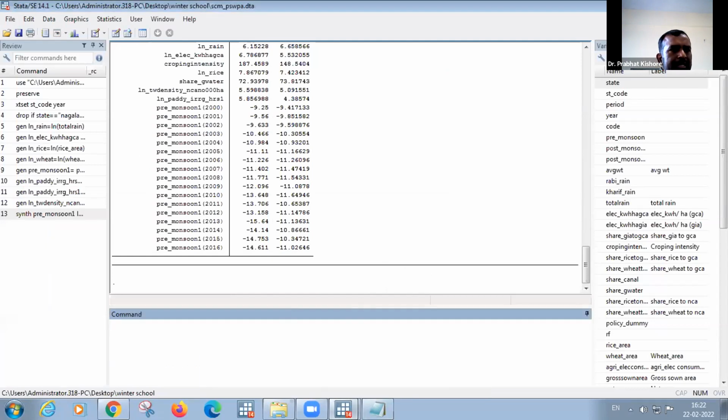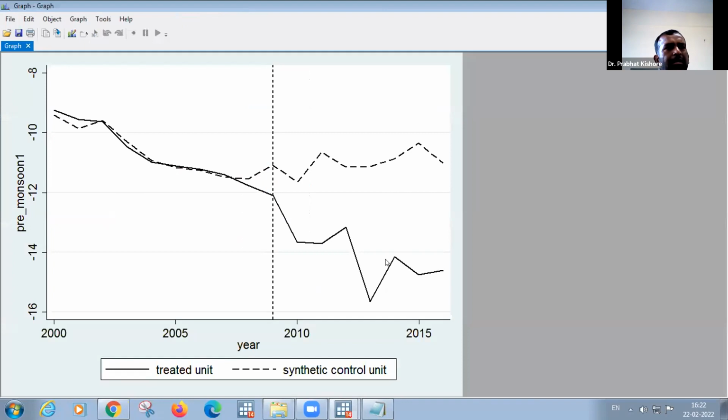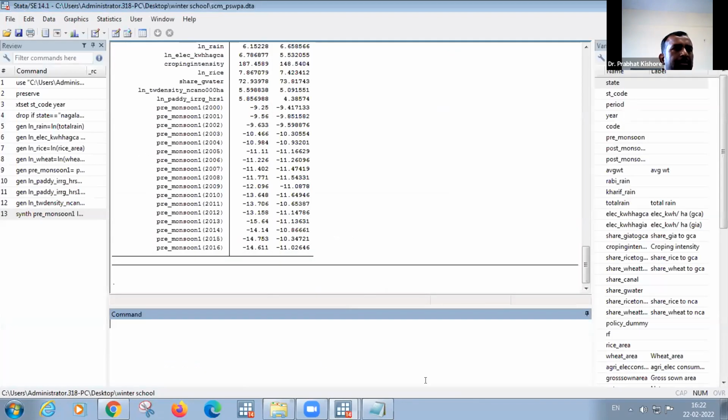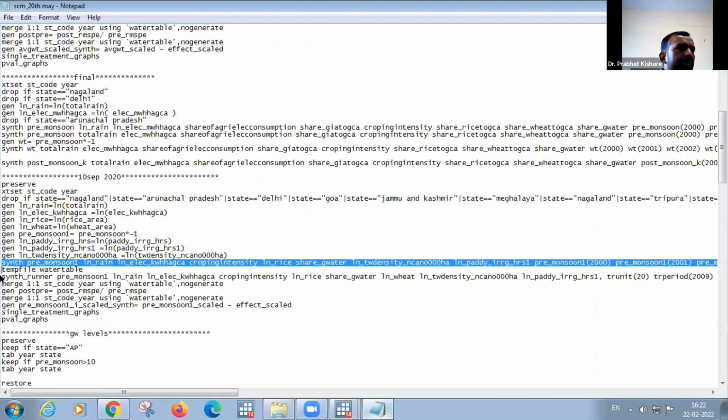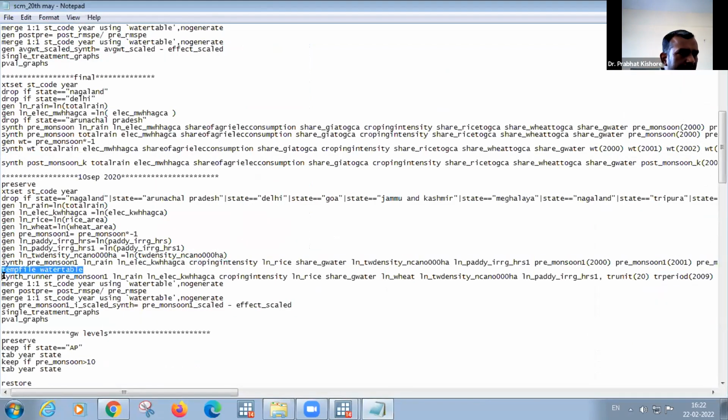Now we are interested in how to do the robustness check of this. For the robustness check, I have just written this in the file here.